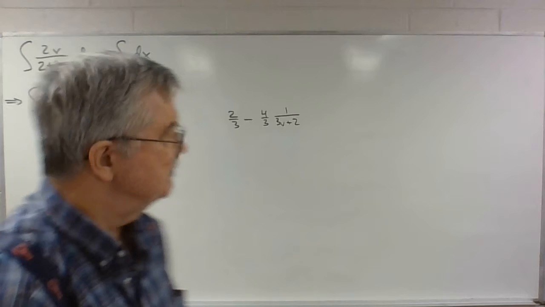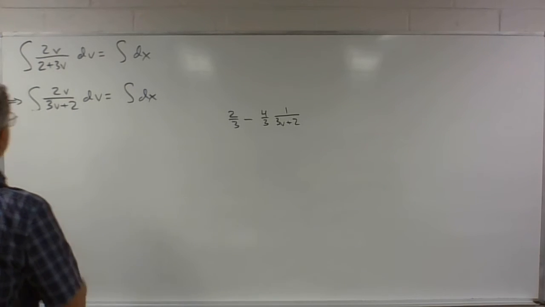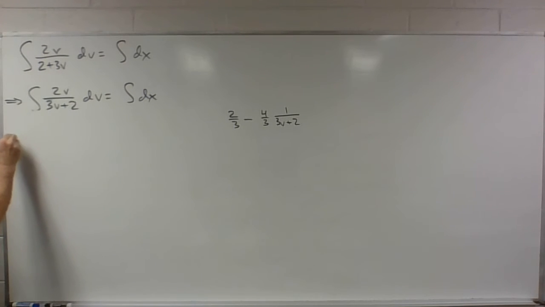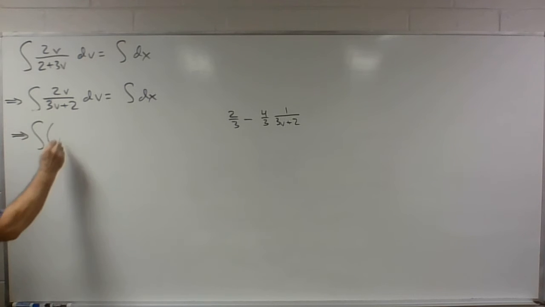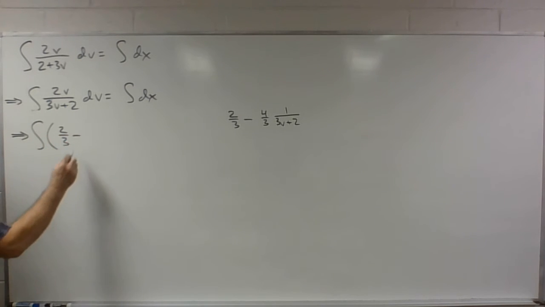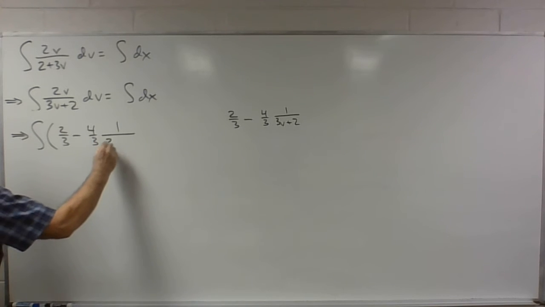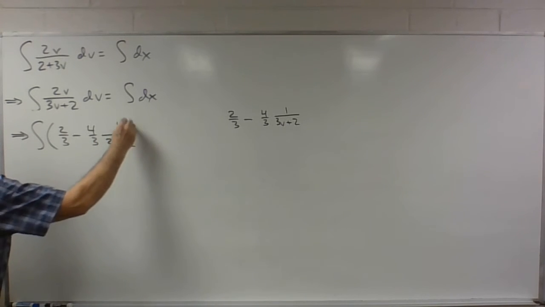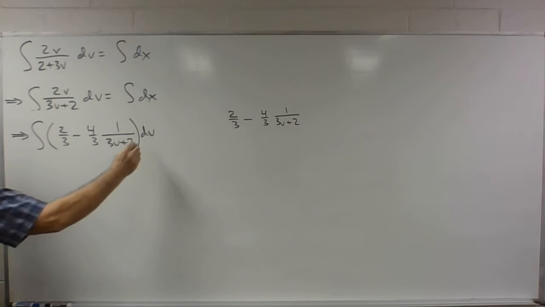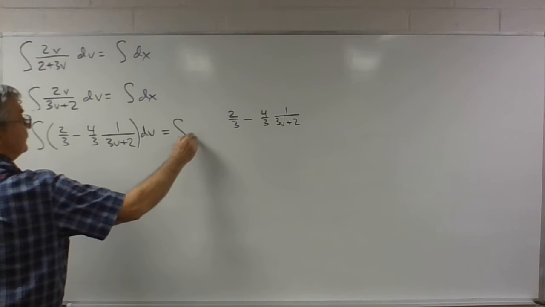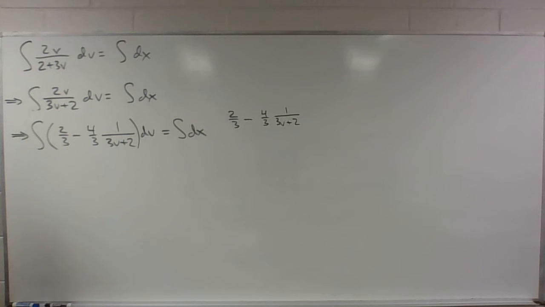Back to our integration. This thing is 2/3 minus 4/3 times 1 over 3v plus 2 dv, and that's equal to the integral of dx, or 1 times dx.